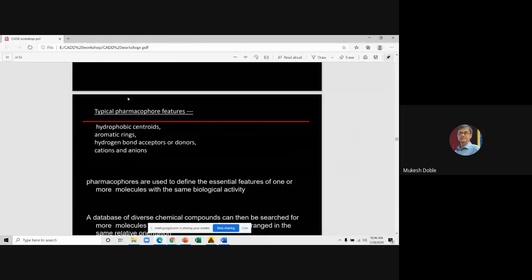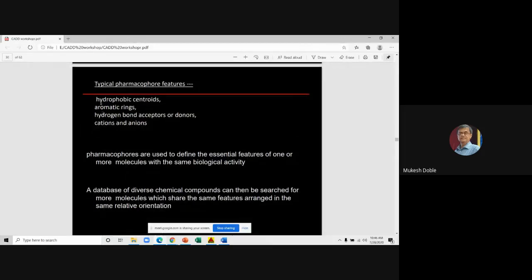So what are those pharmacophore features? Hydrophobic groups. Hydrophobic groups means CH3, C2H5, all those hydrocarbons. Aromatic rings, that's benzene ring, naphthalene ring, that sort of thing. Hydrogen bond acceptors. Acceptors means nitrogen or oxygen without charges. Hydrogen bond donors means NH or OH.